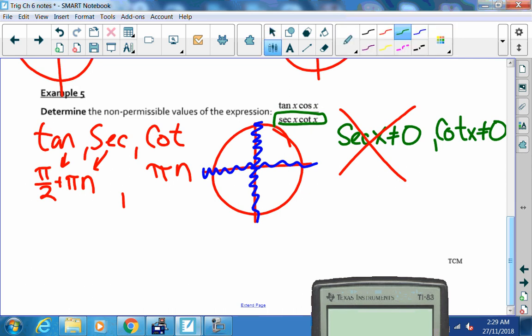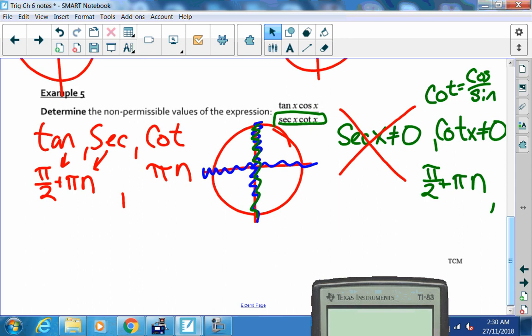Cotan of x would be 0 when, remember that cotan is cos over sine, when cosine is 0. When the numerator is 0, the whole thing is 0, assuming the denominator is also not 0. So that's my situational one, which we've already included, but now we've thought through all of the possible things.